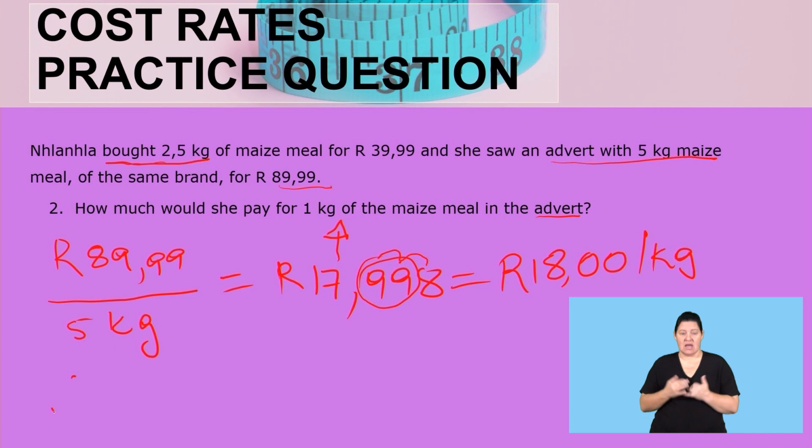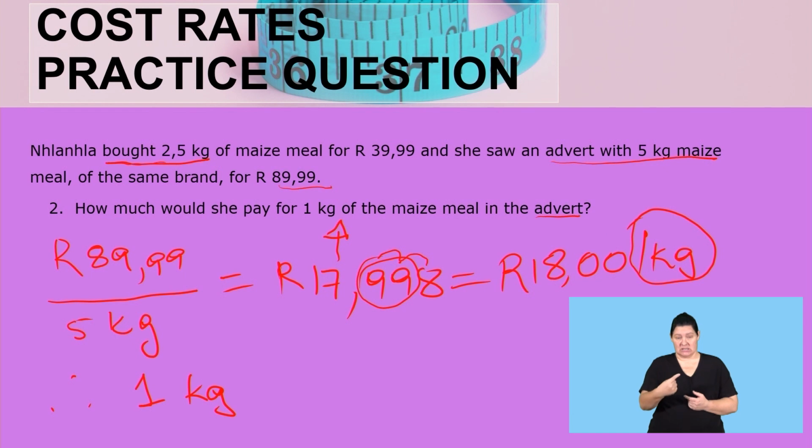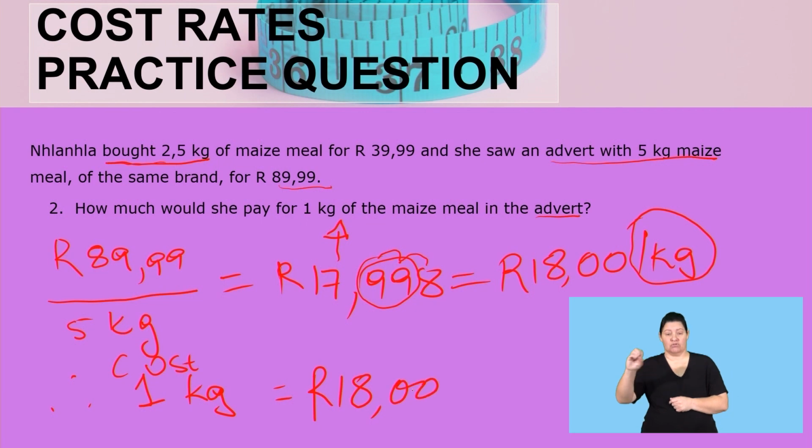And then we say the cost of 1 kilogram, because if it's 18 rand per kilogram, the implication is that you buy 1 kilogram with 18 rand. Therefore, the cost of 1 kilogram is going to be 18 rand. So we have answered this question.